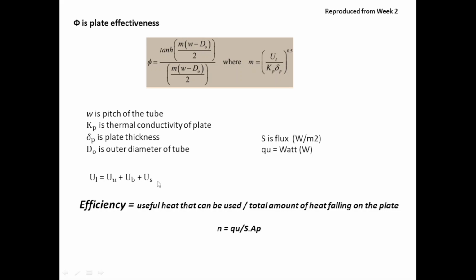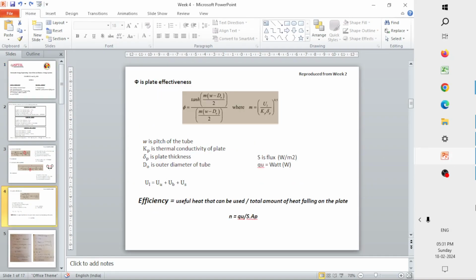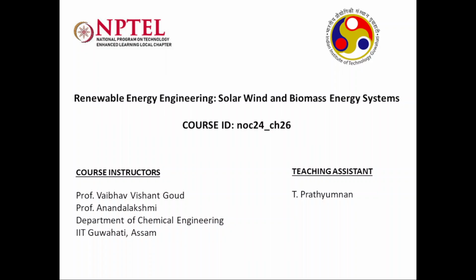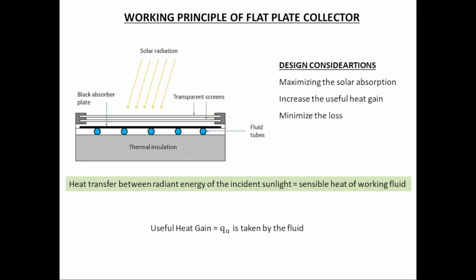So if you remember what we saw in that picture which we discussed just now, here if you see, you will have the loss of heat happening through all three sides. One is through the upper side because of the re-radiation and the convection losses, one will be towards the side of the flat plate collector, and the other one will be through the bottom of your flat plate collector.